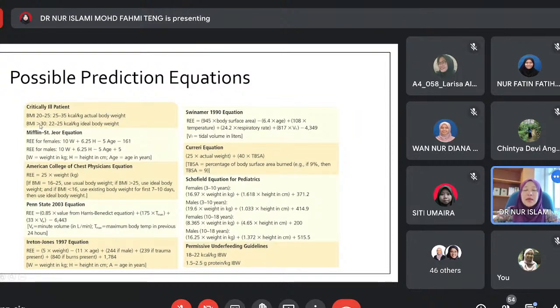And for those with BMI more than 30, we can use 22 to 25 kilocalorie per kilogram ideal body weight. This is using actual body weight, and this one is ideal body weight for those with obesity. This is just a quick predictive equation for critically ill patients.